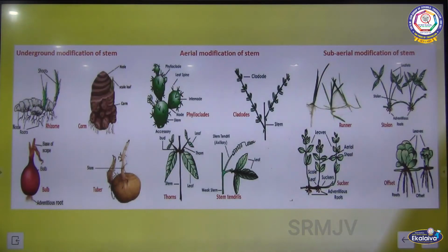So in this picture, you can see all the modifications at one glance, that is the underground modification of stem, where you will find the rhizome, example ginger, corm, Colocasia, bulb, onion, and the tuber, potato. And in aerial modification of stem, you will find in Opuntia cactus the thick fleshy succulent stem which performs photosynthesis, and the leaves are reduced to spines to reduce transpiration.